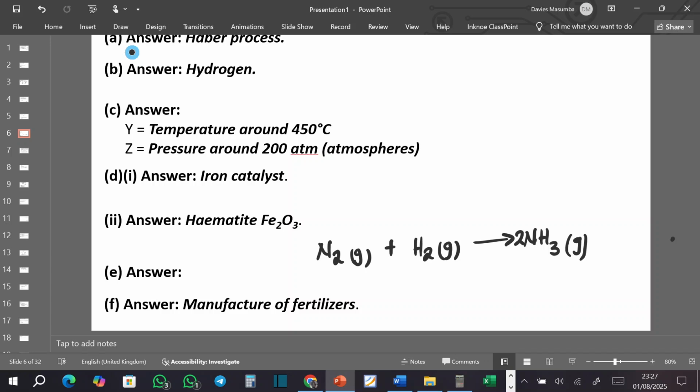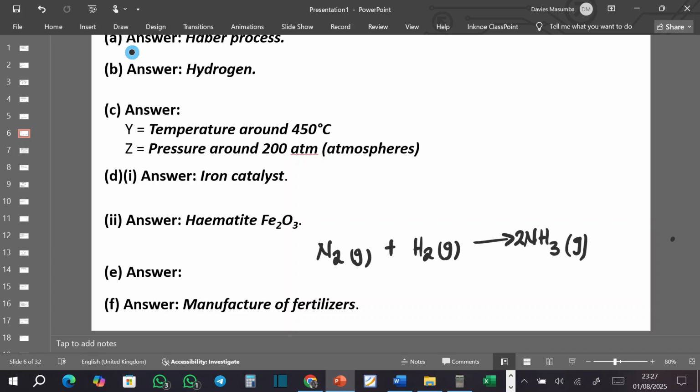Now you shift from nitrogen to hydrogen. How many atoms of hydrogen are here? There are 2 atoms of hydrogen. But when you come here, we see 3 atoms of hydrogen. Apart from that, because of the 2 in front, this 2 does not only affect nitrogen, it also affects hydrogen. So hydrogen atoms are 3 times 2, which is 6.